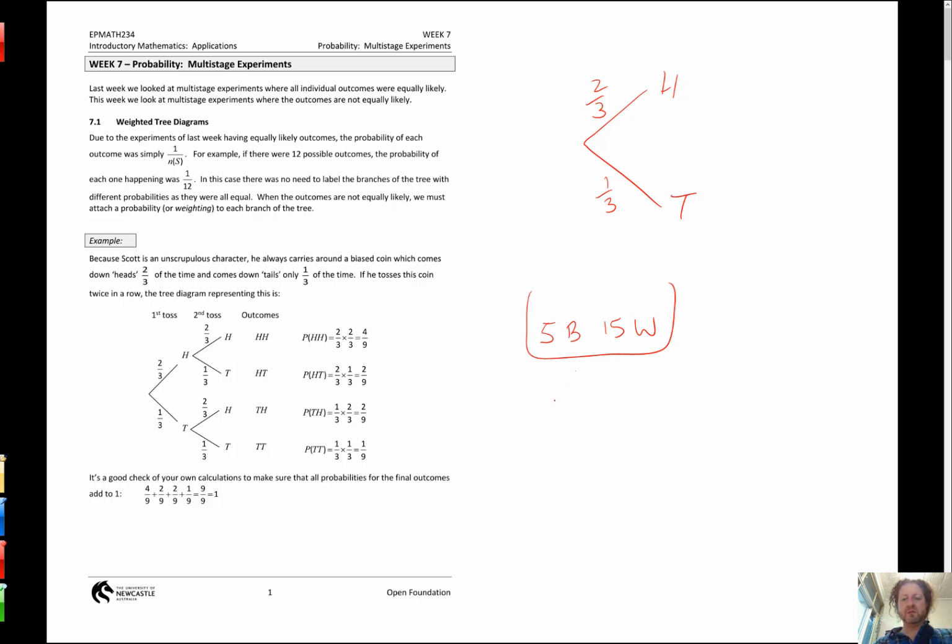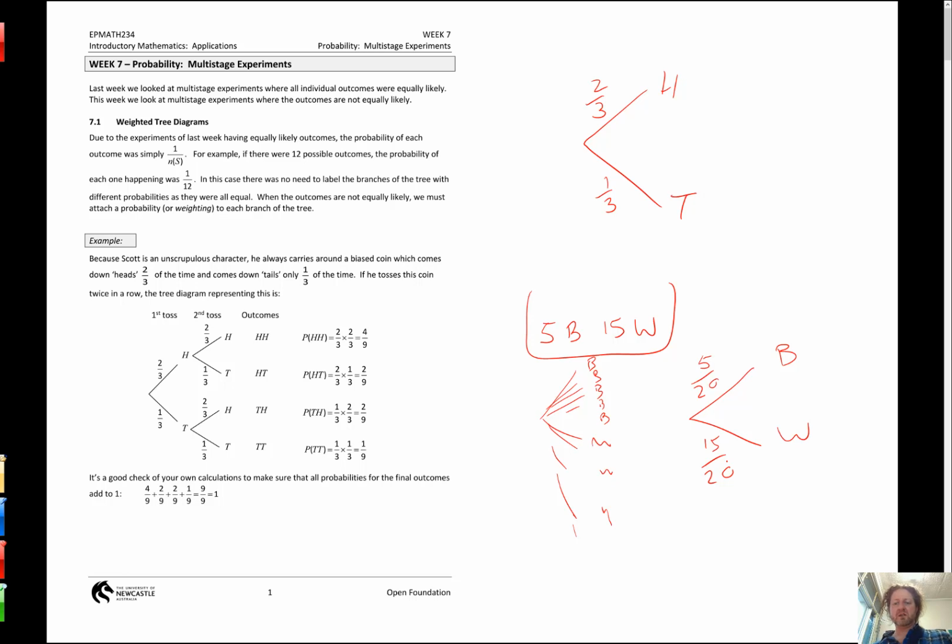Who wants to do 1, 2, 3, 4, 5 and put B's here, and then 15 and put W's there? Well, we could, and each outcome would be equally likely. But what's easier, doing that or just saying, look, there are only 2 different outcomes, black or white. I've got a 5 in an overall 20 chance of getting black. I've got a 15 in overall 20 chance of white. So that's what we're doing.